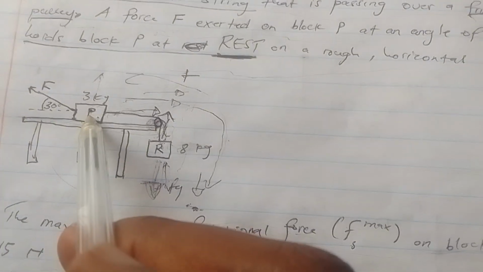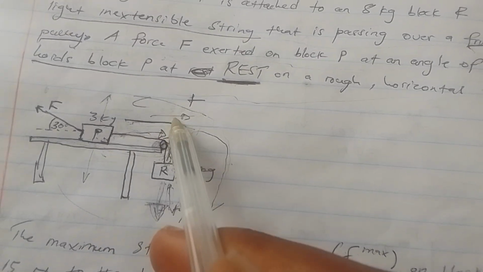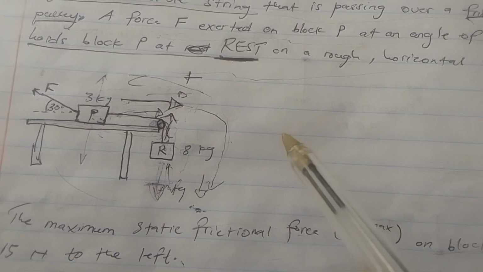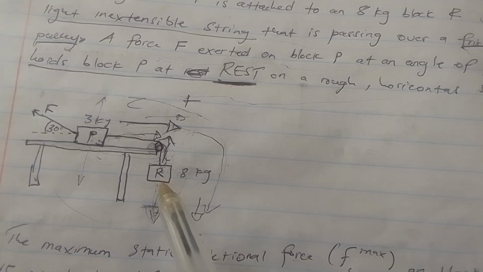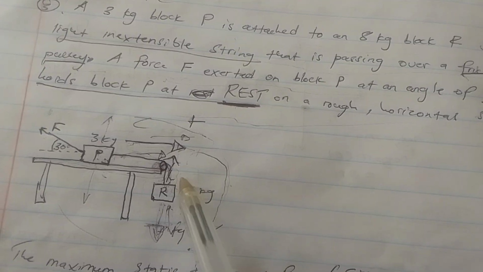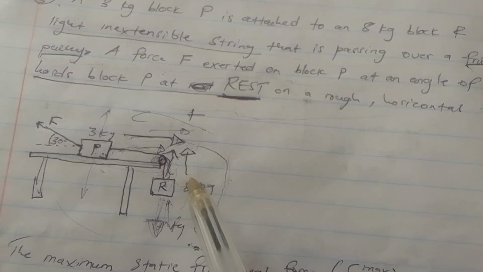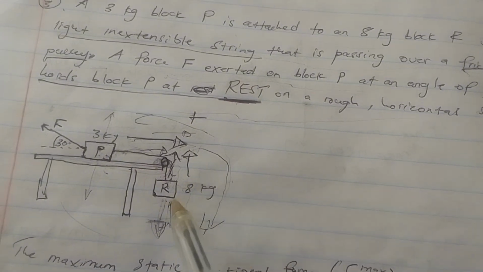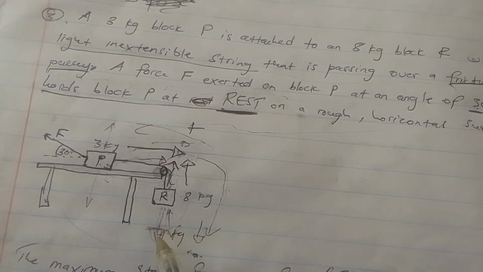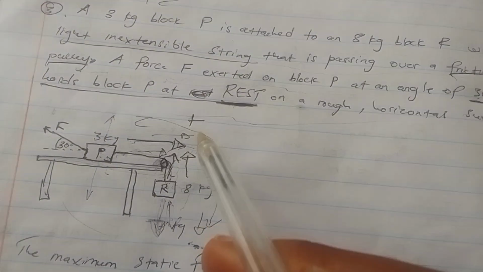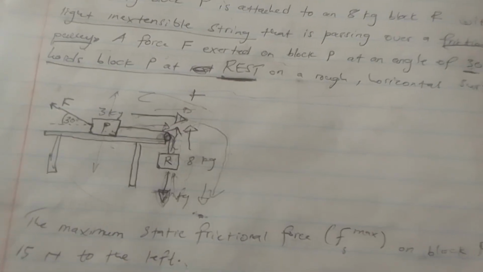The tension force acting on block P will be directed towards block R. But the tension force acting on R will be directed upward, because block R is dangling. It's not on a horizontal surface as block P is. So our tensional force will go upward, and the force of gravity will go downward.